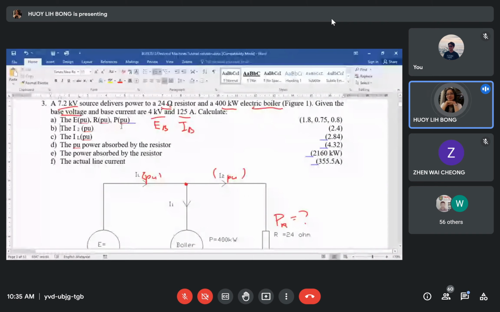But the book never labelled properly last time, so assume it's P boiler. Sorry, because this one they asked to find the per unit for the resistor, this one should be the D. Power absorbed by the resistor, this is the actual power. And the actual current of the line is also IL, actual.